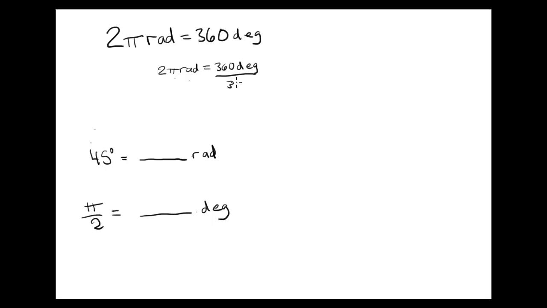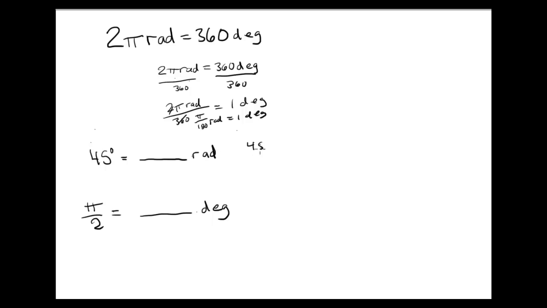You simply divide both sides by 360. This leaves you with 2 pi radians over 360 is equal to 1 degree, and this simplifies to just pi over 180 radians equals 1 degree.